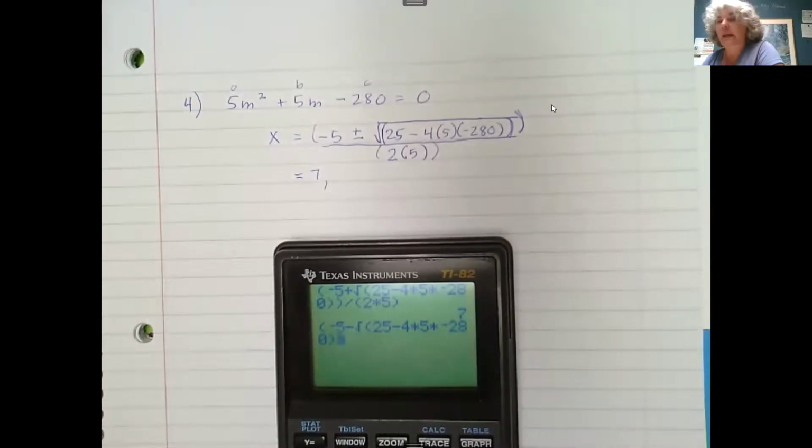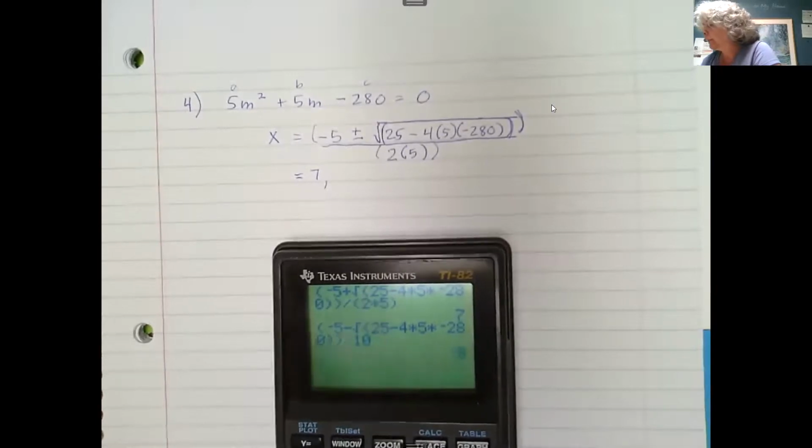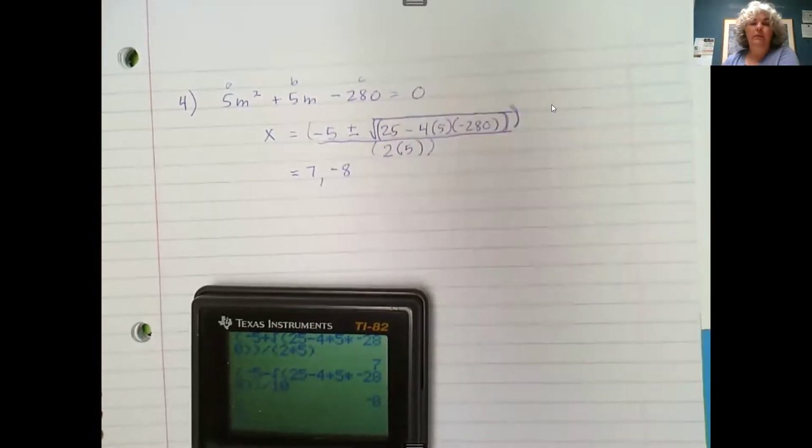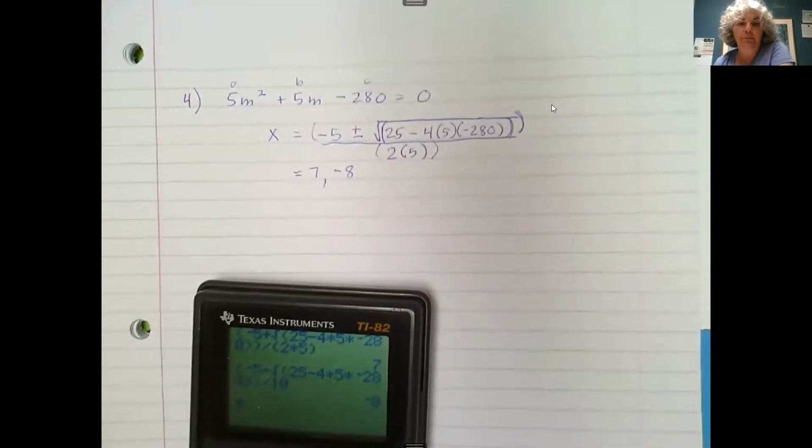Close that parentheses that's inside the square root, and then another parentheses for the whole numerator, and then divided by, I'm just going to put 10 this time, and I get negative 8. So negative 8 and 7 are my two solutions.